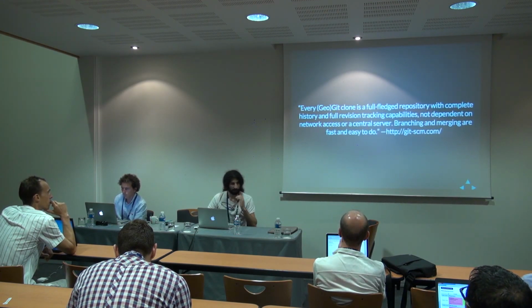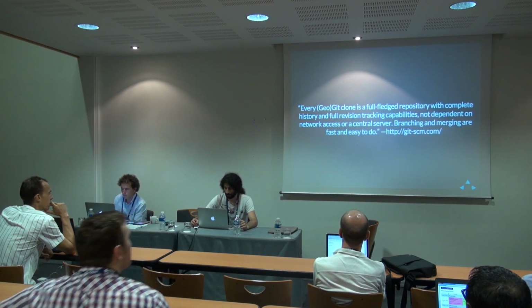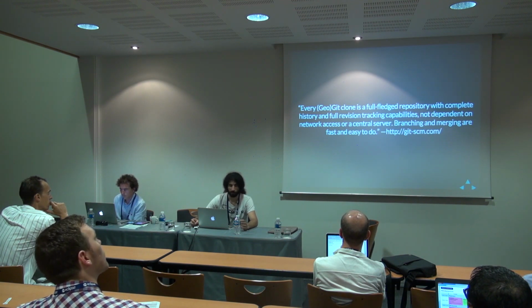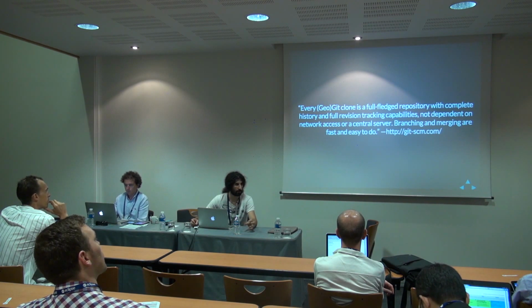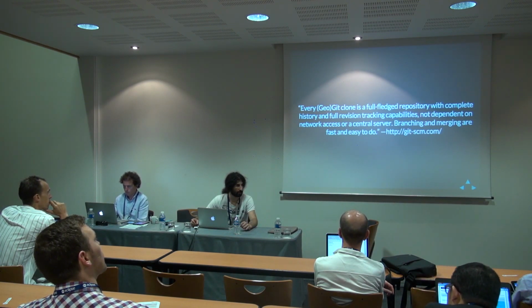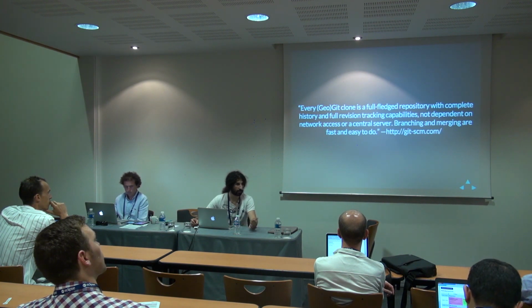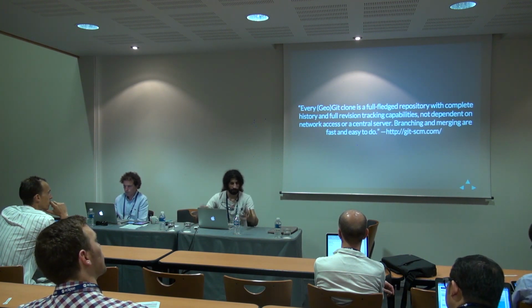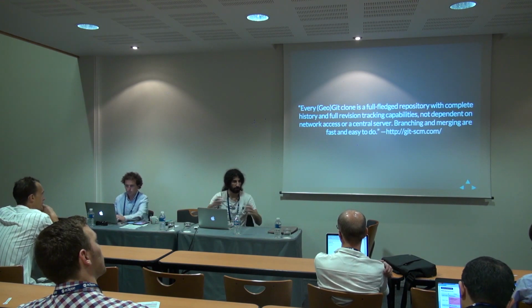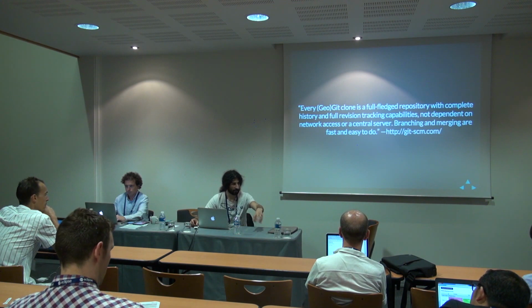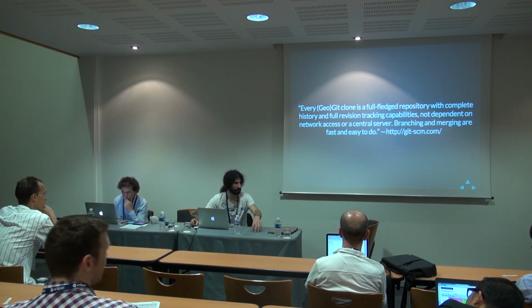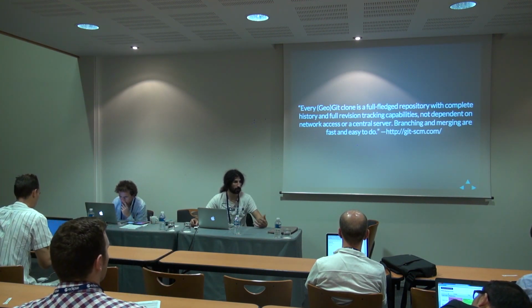So what is the advantage of having something like Git? If you're familiar with software development, you can see that distributed version control is one of the most important things that has happened in the field in the last decade, because it changed from the model where you have a central repo and people working based on that, to a really distributed version where each person working on that project has a full copy of the repo, including all the history and everything.